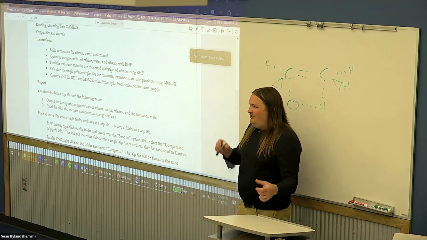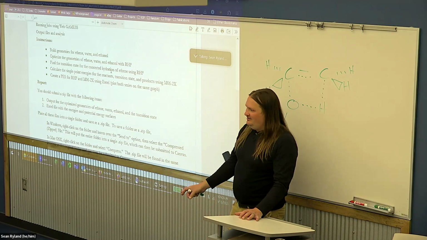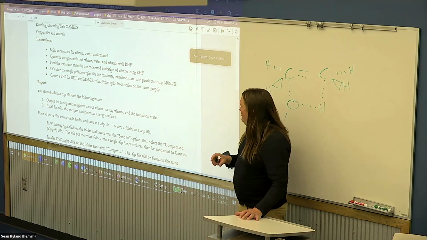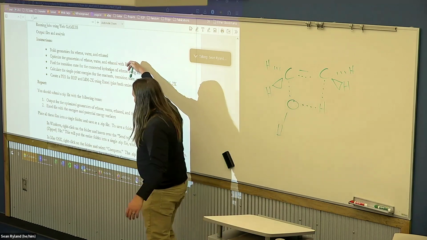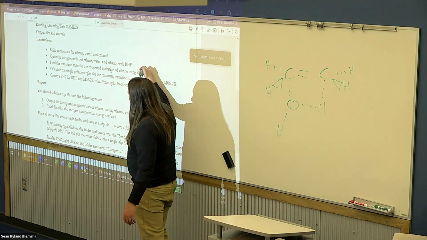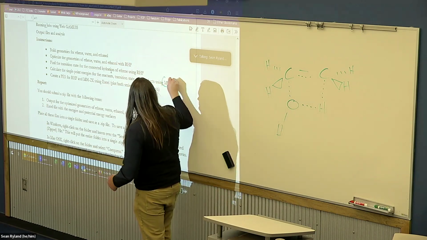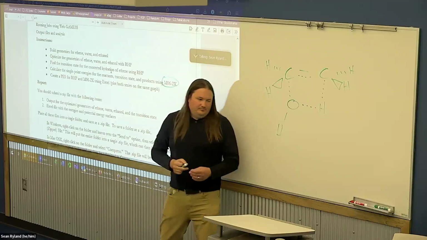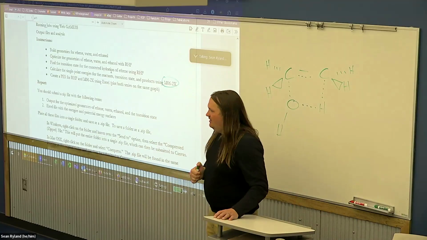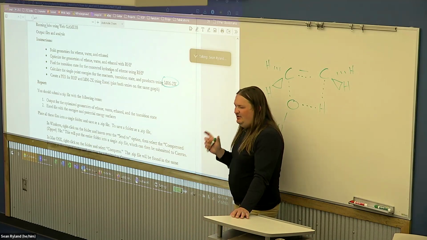It fails at giving the energies for the geometries, but it gets the geometries close to being right. Then we're going to take those geometries from the Hartree-Fock, and for both of these, we're just going to use this other calculation, which is a type of density functional theory that we were talking about earlier.